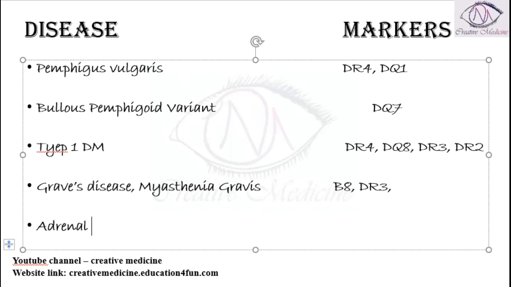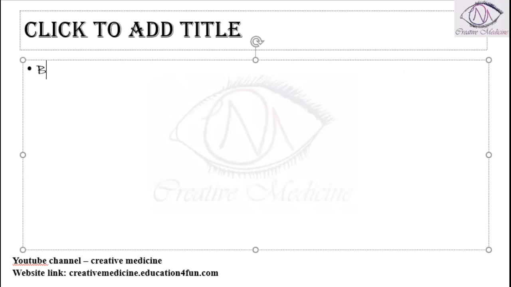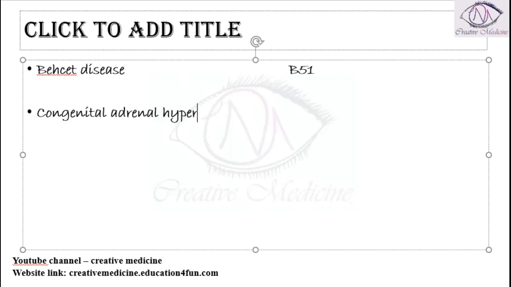Then the marker for adrenal insufficiency is DR3. The marker for Behçet's disease is B51. Then the marker for congenital adrenal hyperplasia is B47.